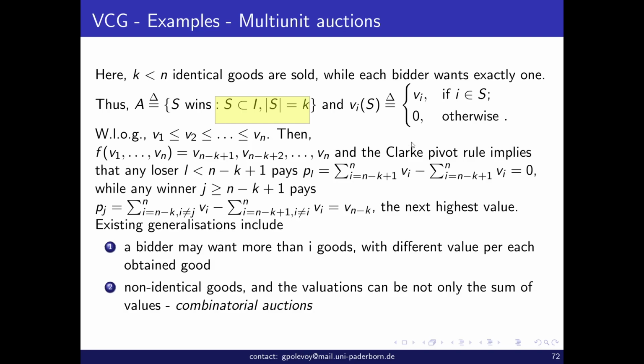And the value of player i when coalition S wins is Vi, some Vi. In the book they say it's V star, but they assume maybe different values, so don't look at the V star, it's Vi, when player i is in the coalition, when player i wins, and 0 otherwise. I don't tell which item you win because they're identical.